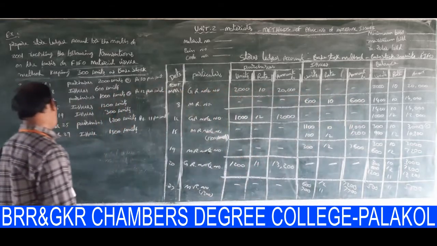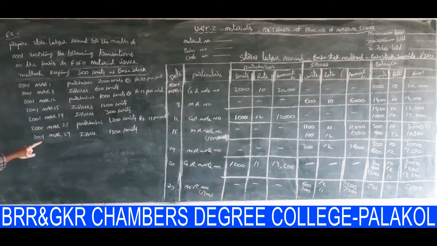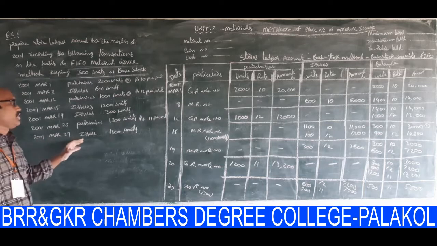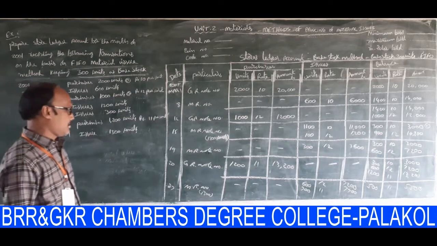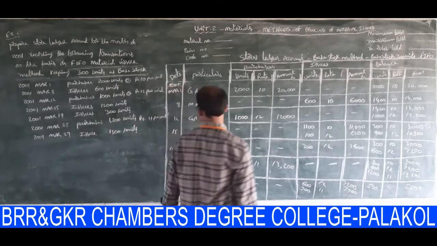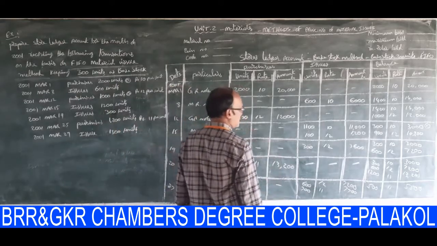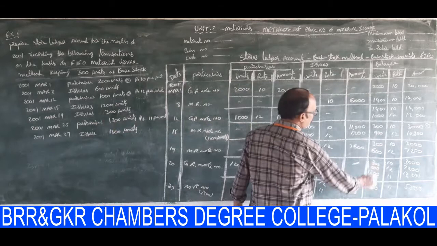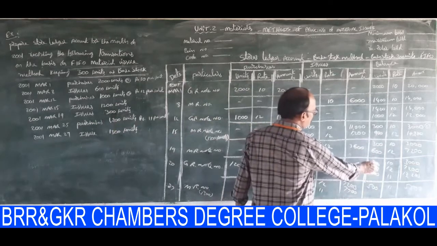Right, last transaction. March 27th, 2001, issues 1,300 units. Okay, material requisition note number. So how many units wanted to issue? 1,300. Now, the 300 units are never issued because it is the base stock.